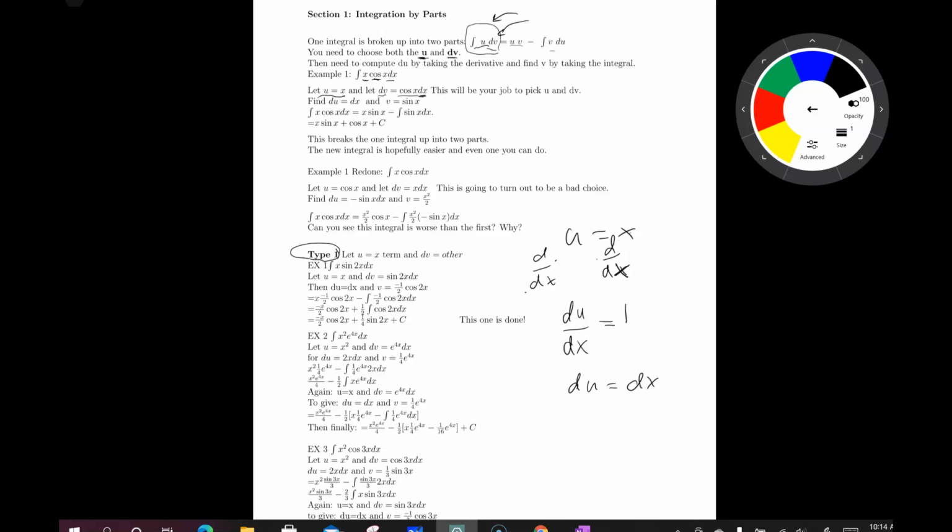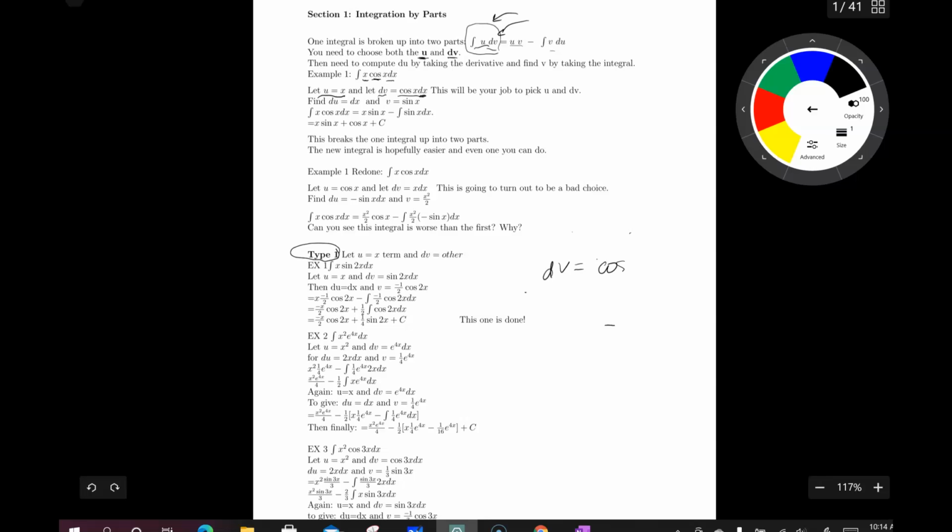Now I'm going to take the integral of both sides. I want you to get to this short stage. If I have dv equal cosine of x dx, I'm going to take the antiderivative of both sides.